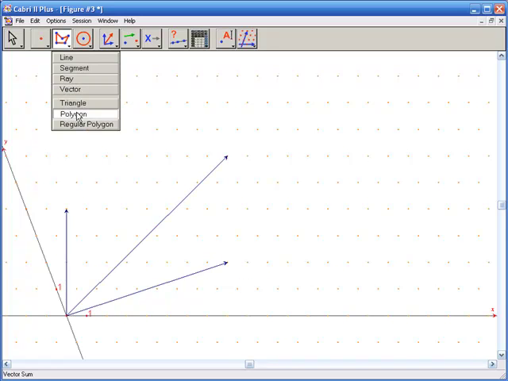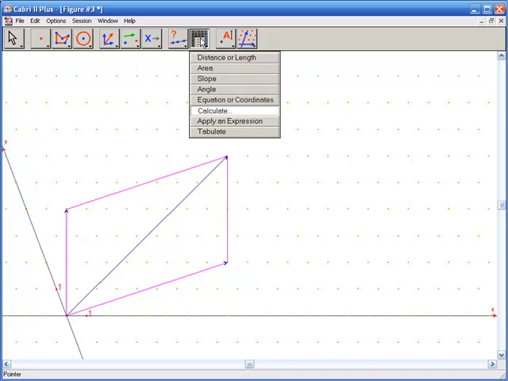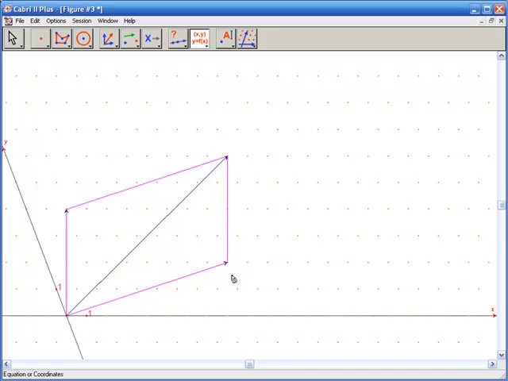Form the parallelogram. Back to the origin again. Then just check the coordinates, make sure that what we have is what we expect. Coordinates at this point.